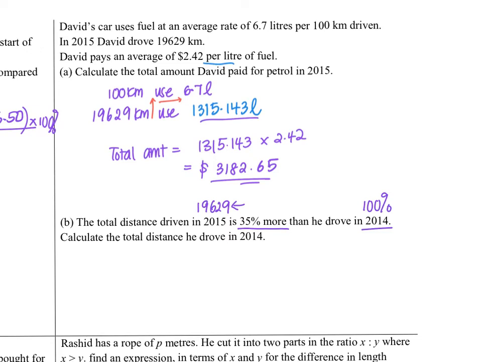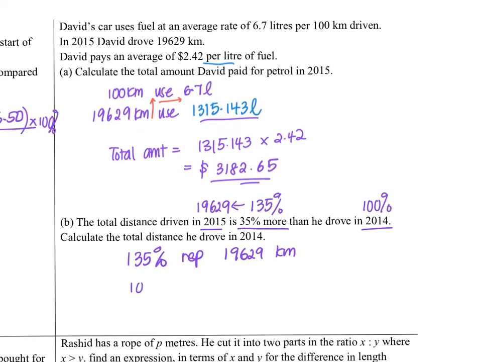So this number in 2015 will be how many percent? 35% more means this number will be 135%. This number is not 100%, because the number in 2014 is the one that is 100%. So now I know that 135% represents 19,629 kilometers. Take note, do not use the equal sign because percentage and kilometers are not equal.